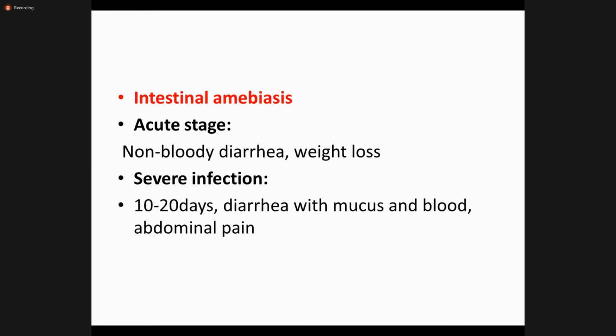Then when these lesions further penetrate and reach the muscularis layer of the large intestine, they produce typical flask-shaped ulcers. Remember, yesterday we discussed that in typhoid there are longitudinal ulcers, but in case of Entamoeba histolytica, there are specific flask-shaped ulcers, and they destroy a large area of intestinal epithelium.